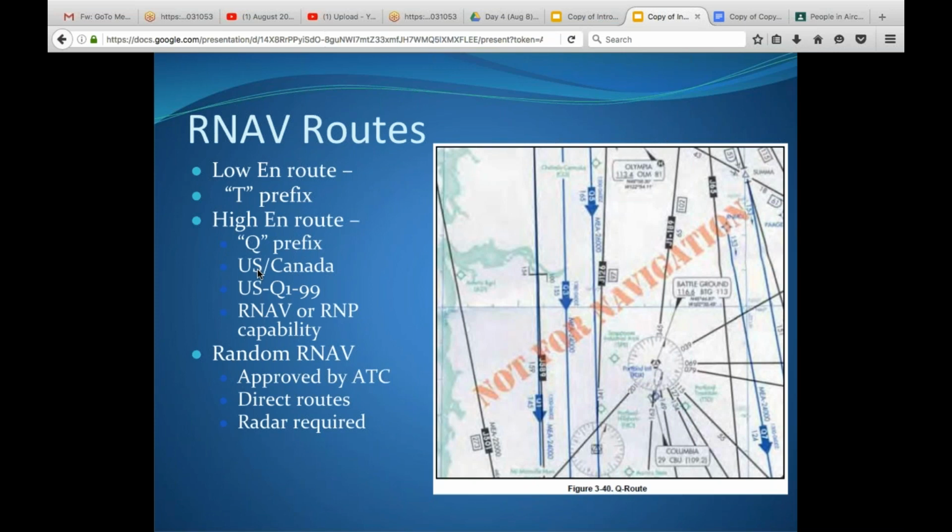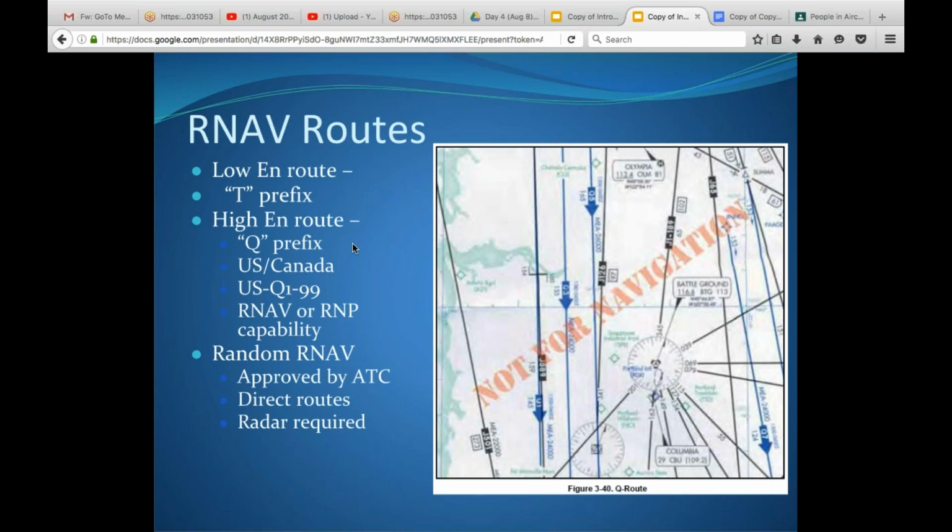We're kind of following a lot of that. But yeah, the high end routes are the Q routes, and these go basically all over the place, because there's no real restrictions of dealing with VORs.